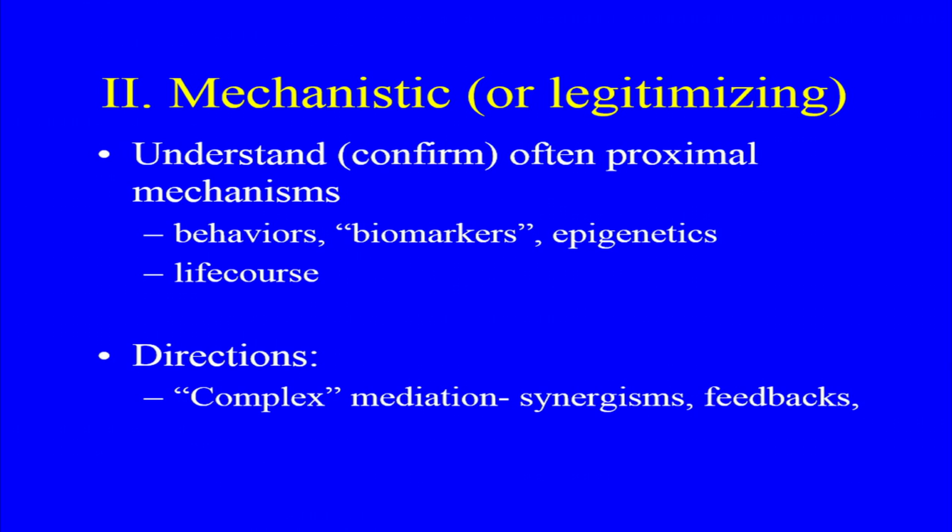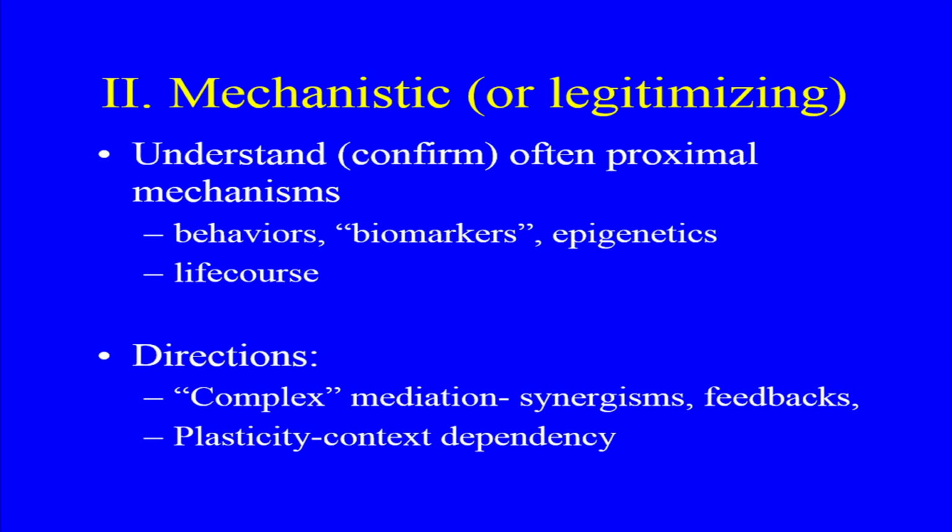Different people can get the same disease through different pathways, so it's not always going to be the same mediators. And again, there may be synergisms, interactions, feedbacks. Behaviors affect stress, stress affects behaviors. If you want to build a very solid, basic mechanistic understanding of the drivers of population health, we're going to have to grapple with this more complex mediation idea.